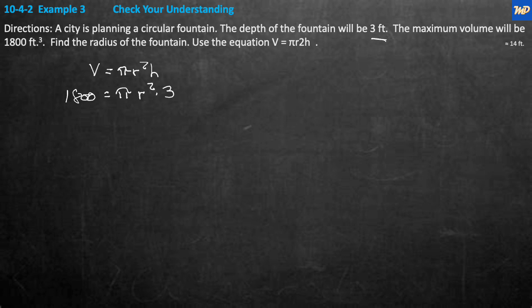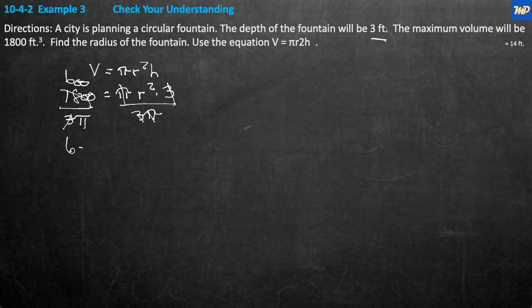Okay, so now we're going to solve for r by itself, right? So we're going to divide both sides by 3 and both sides by pi. So we divide by 3 pi on this side, and 3 pi on this side. The pi's will cancel, the 3's cancel, and the 3 over here cancels into 1,800 and gives us 600.